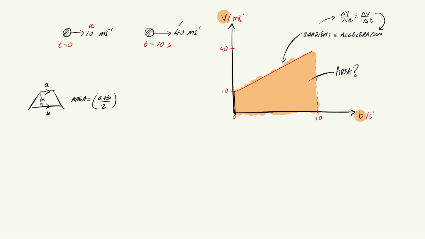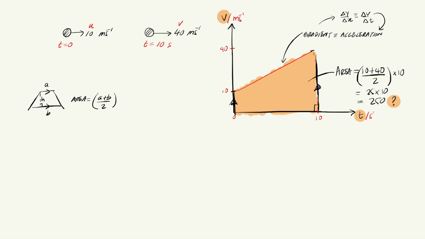In our graph, the 2 parallel sides are the 2 velocity values, 10 and 40, and the height is the time, 10 seconds. So the area is (10 plus 40) over 2 times 10 equals 25 times 10 equals 250.